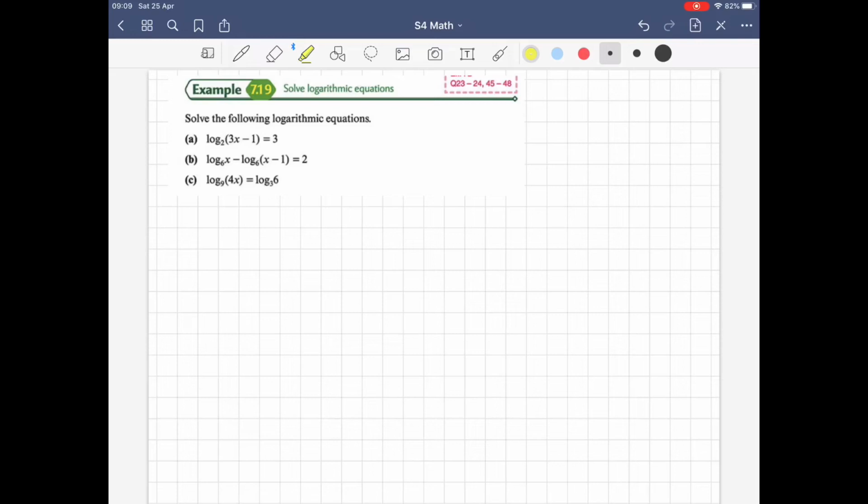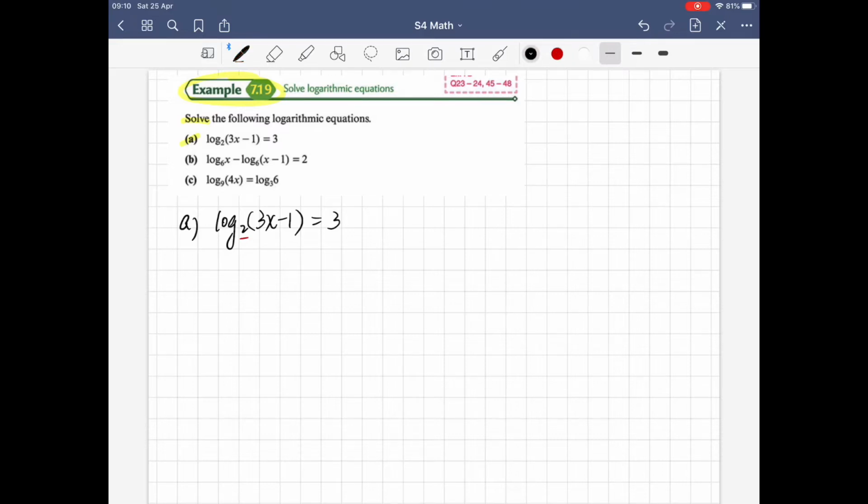Then let's take a look at example 7.19. In this question, it asks you to solve the following log equations. Let's take a look at part A. We have log of 3x minus 1 with base 2 equals 3. As you can see, the base now is 2.